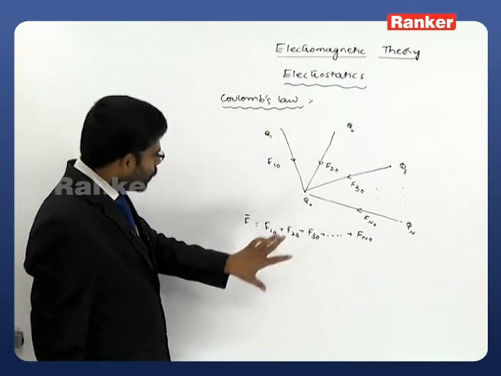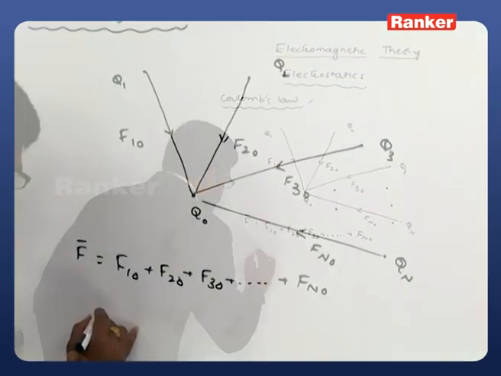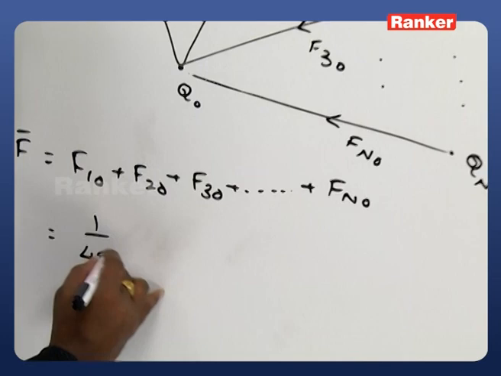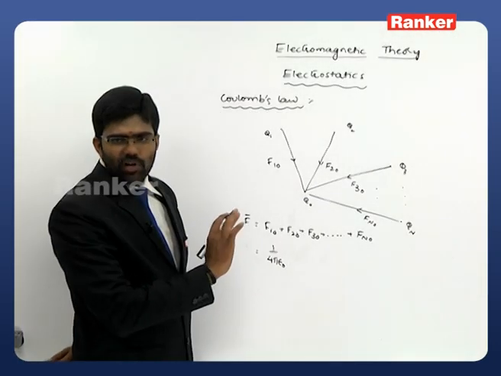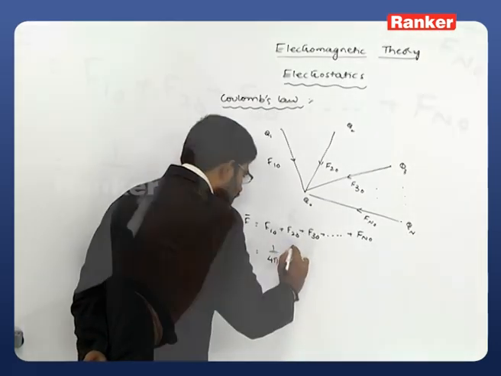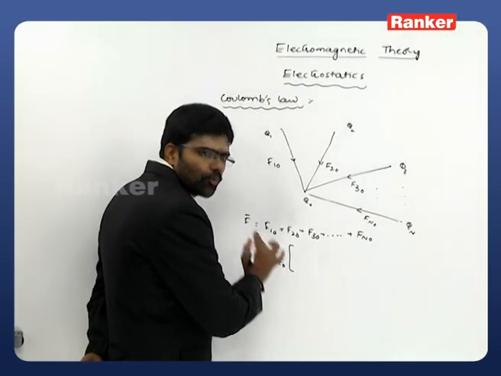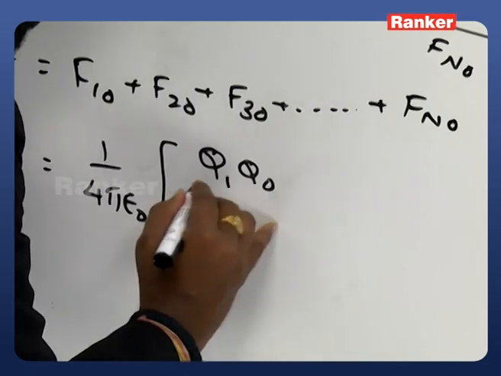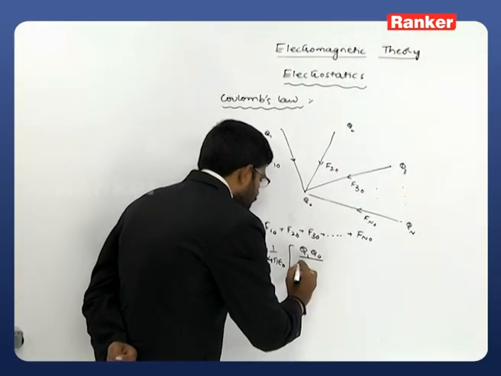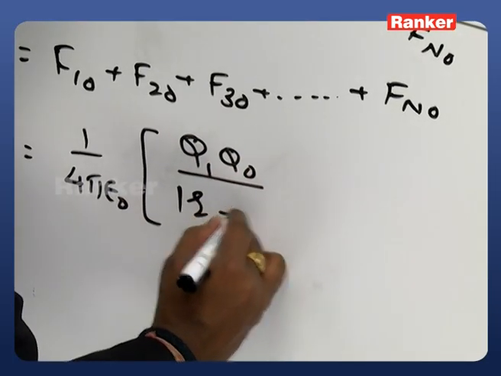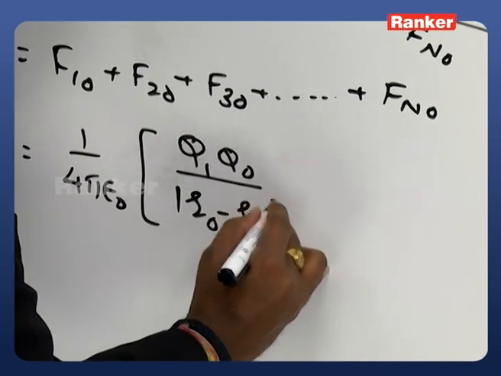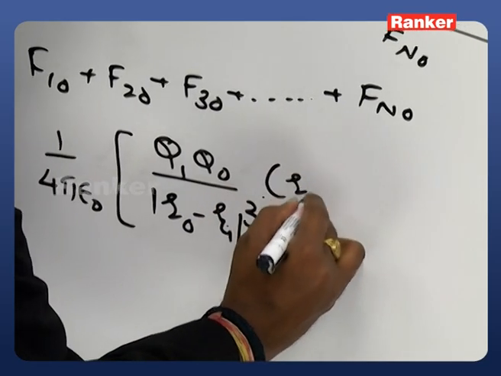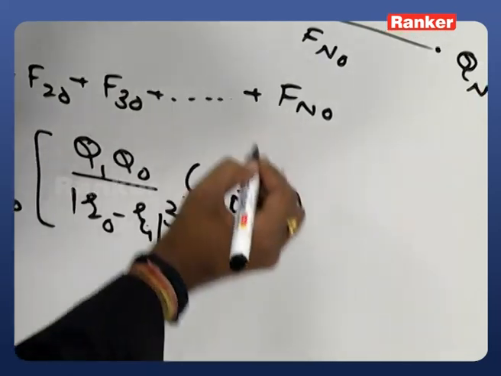Now if you write down the equations of these forces, 1 by 4 pi epsilon naught is constant for all. That's why I am taking it as a constant common to them. So 1 by 4 pi epsilon naught into Q1 Q0 divided by the magnitude of the distance vector, R0 minus R1 whole cube, multiplied with the vector R0 minus R1.